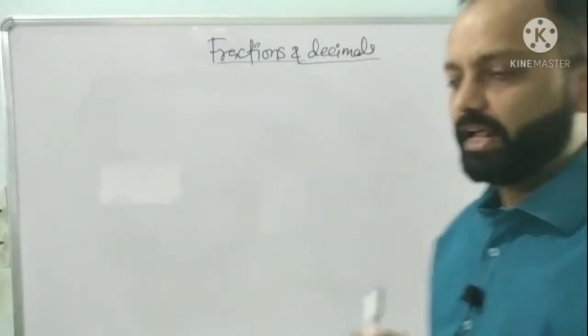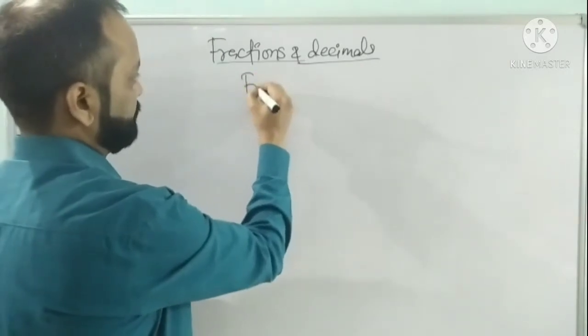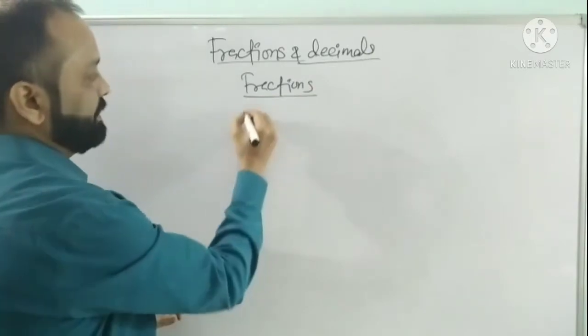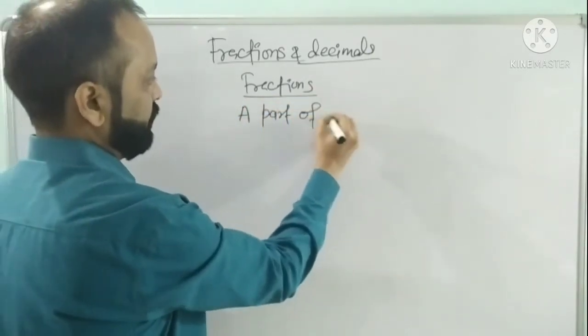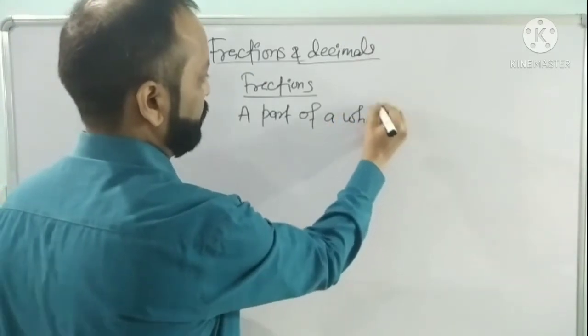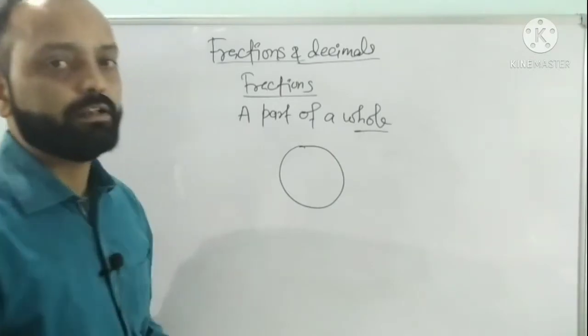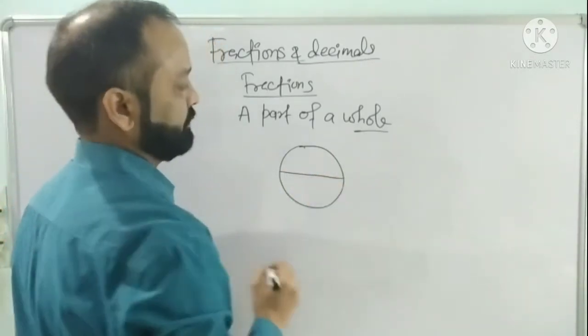So what actually is a fraction? When we talk about fractions, this is called a part of a whole. Let's suppose we have one circle and we divide it into two equal parts.